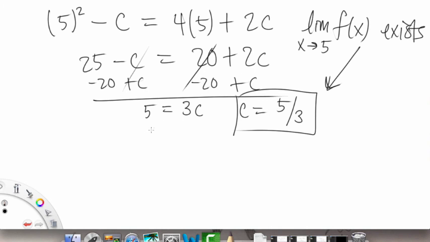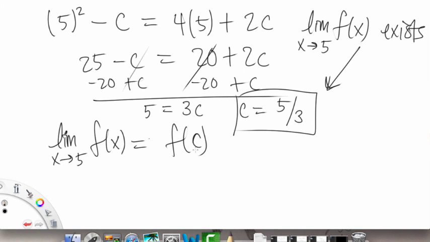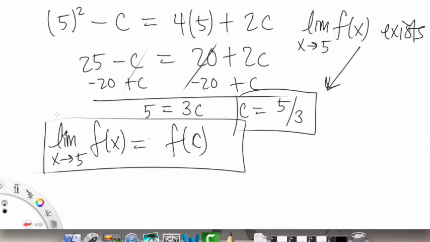All right? So now let us see if the limit as x approaches 5 of f of x is actually equal to our f evaluated at that point, c. We'll check this on the next slide where we have more room, okay?